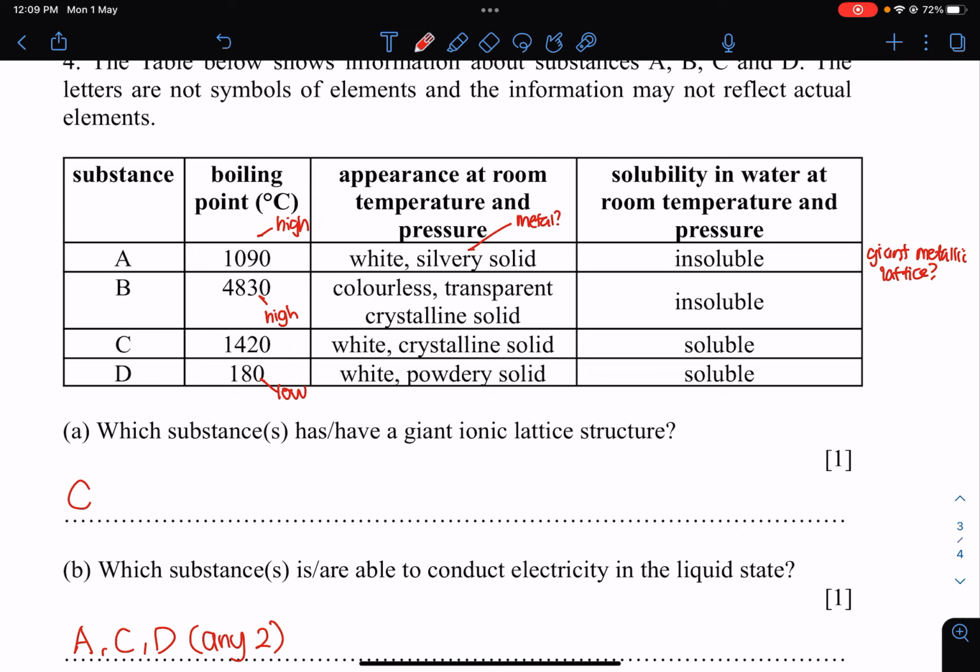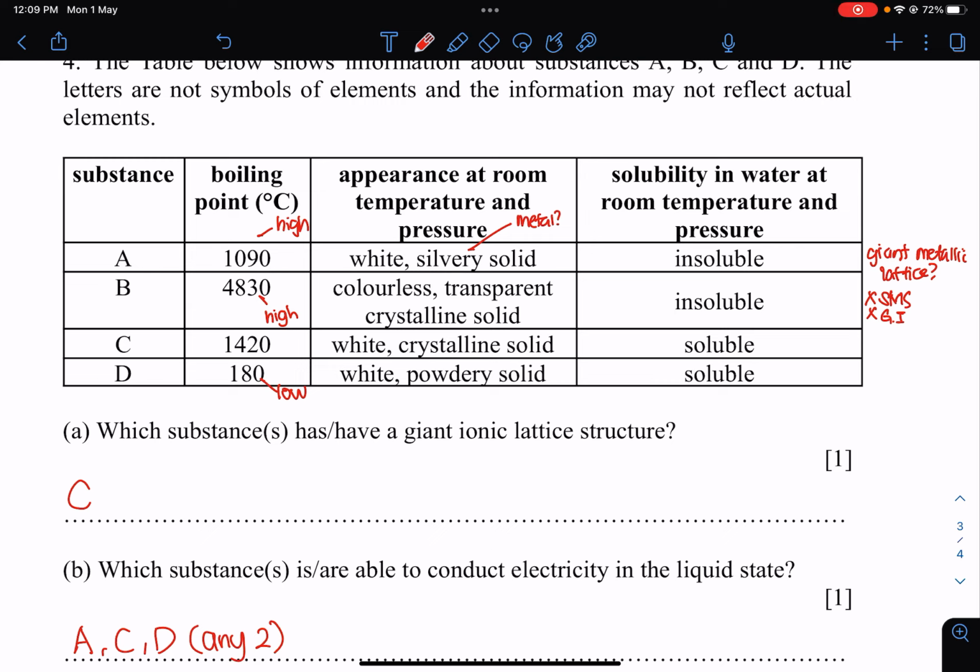So let's do a process of elimination. It cannot be your SMS because of the high boiling point. It cannot be your giant ionic, here I'll just short form as GI. What is left? It's either macromolecule, giant metallic lattice, or your giant covalent. Giant metallic is possible, but if A was a giant metallic, B is unlikely to be giant metallic as well.